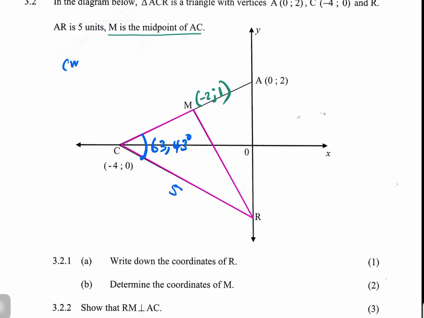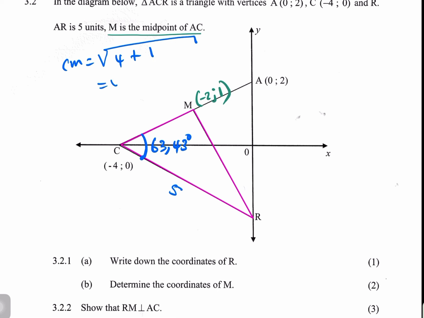CM is going to be the square root of (-4 minus 2) squared, so it's more like (+2) squared, which is 4, plus (0 minus 1) squared, which is 1.